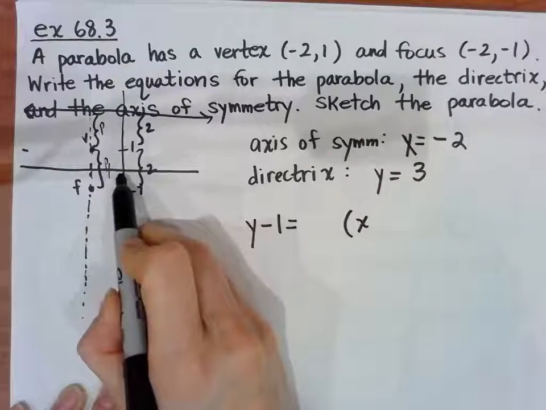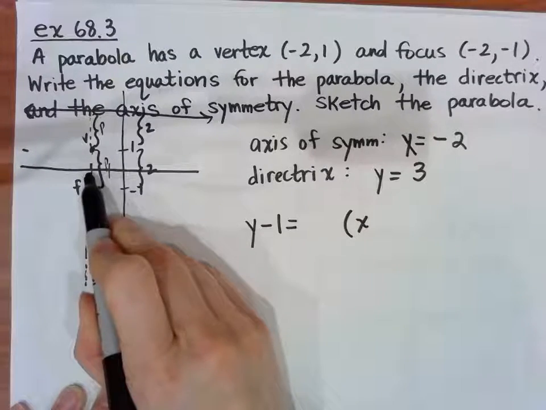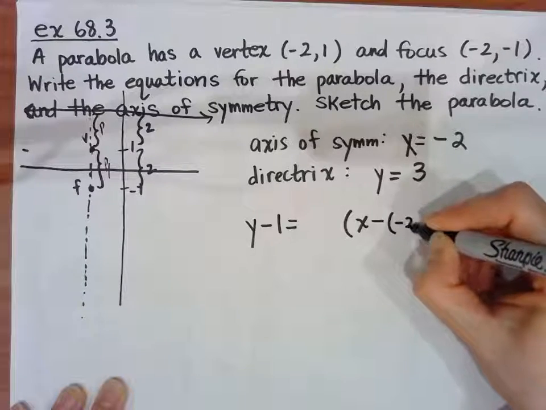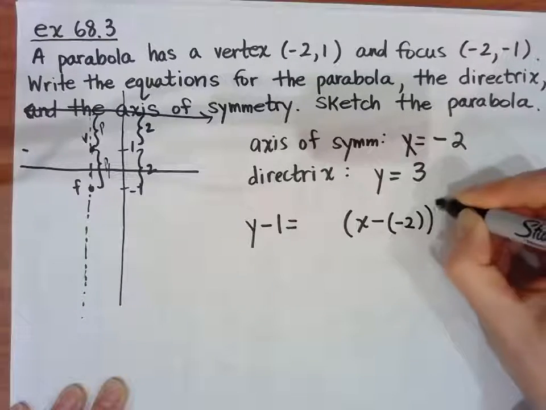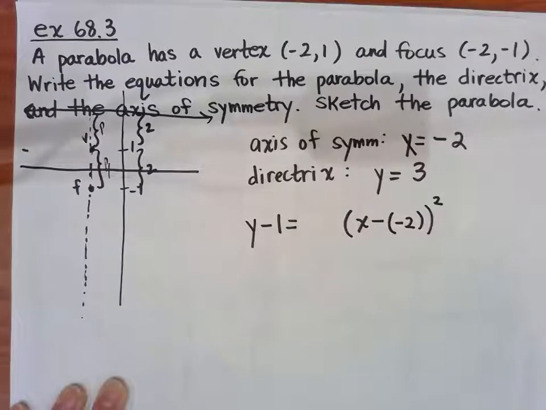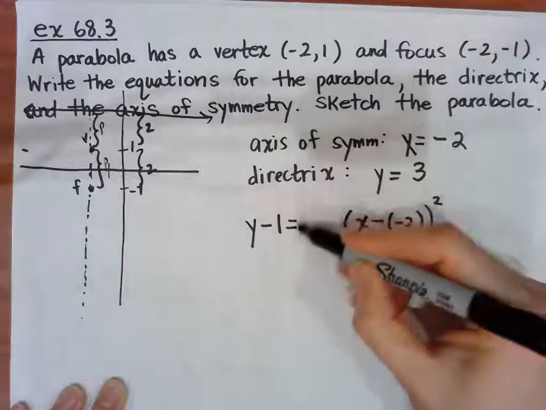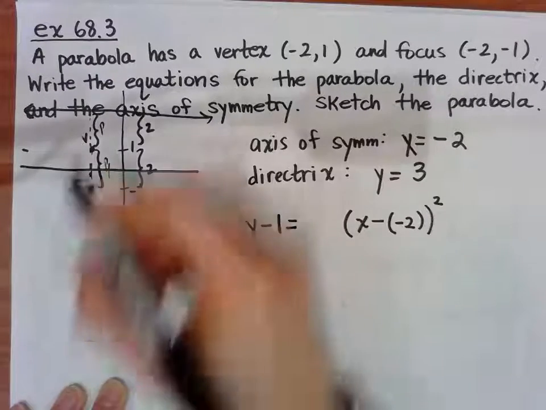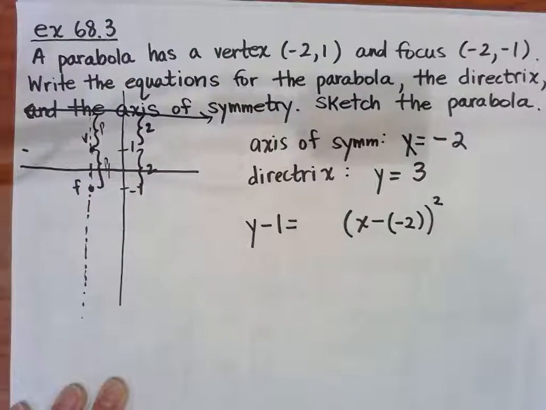It shifted back 2, so that would be x minus negative 2. And now we have the little matter of the coefficient here. Well, we know what p is because we looked at the distance here. The value of p is 2.